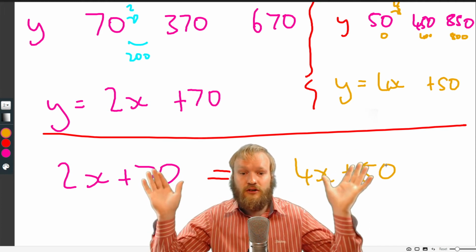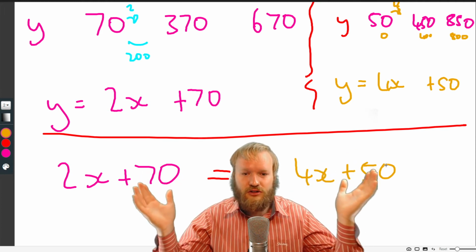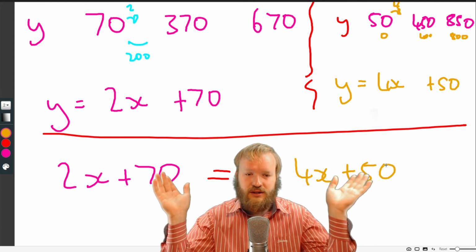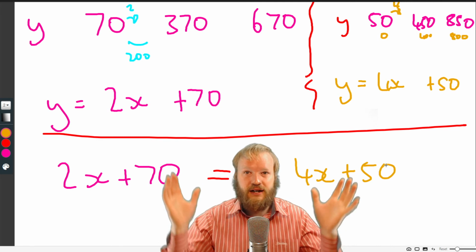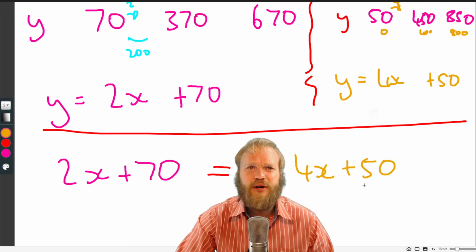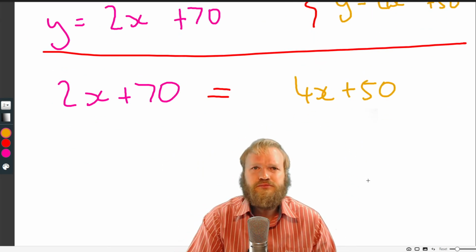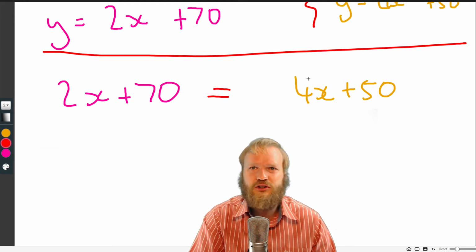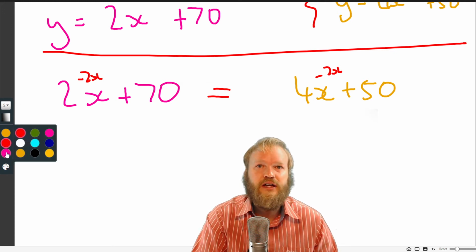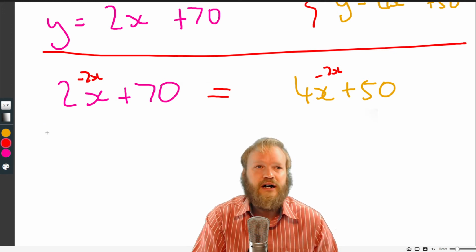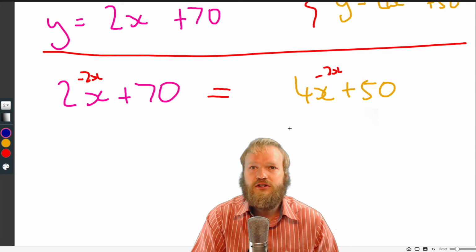And then we're just going to solve it as we would any equation. So it's a balance: if we subtract from one side, we subtract from the other; if we divide one side, we divide the other, and we'll solve. So that's the algebraic part, and that's just equations. So we've got 4x and 2x, so let's subtract 2x on each side, so that on the right-hand side we've got 2x, because 4x minus 2x.